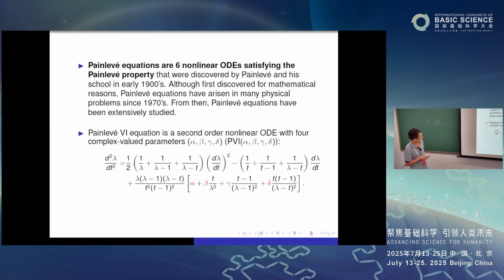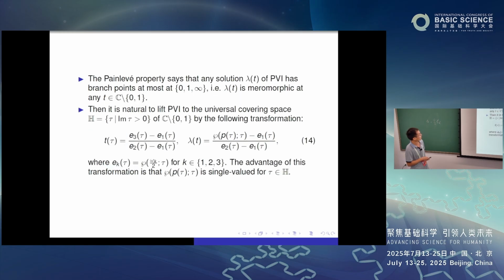So the Painlevé VI equation is a second order nonlinear ODE in this form. It has 4 free parameters alpha, beta, gamma, and delta. This ODE looks very complicated, but its solutions have the Painlevé property. That is, any solution has a branch point at most at 0, 1, infinity.